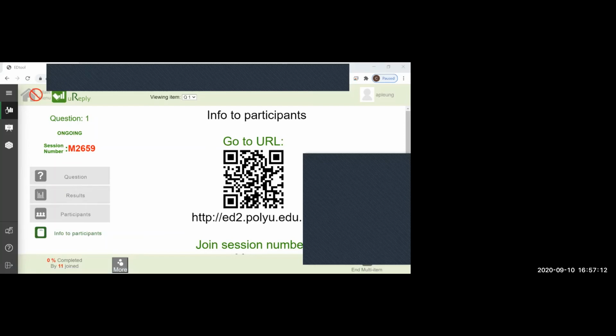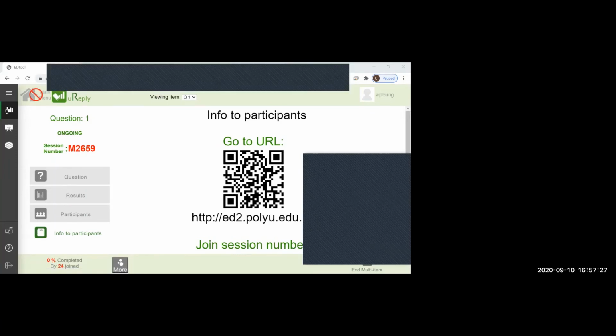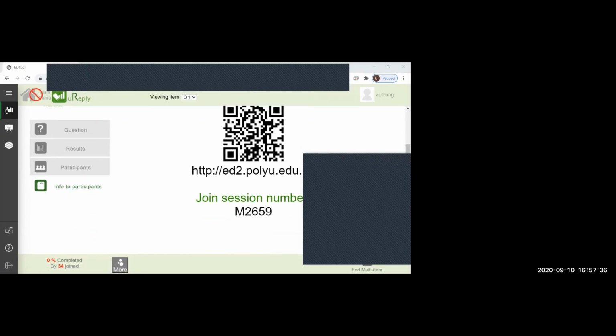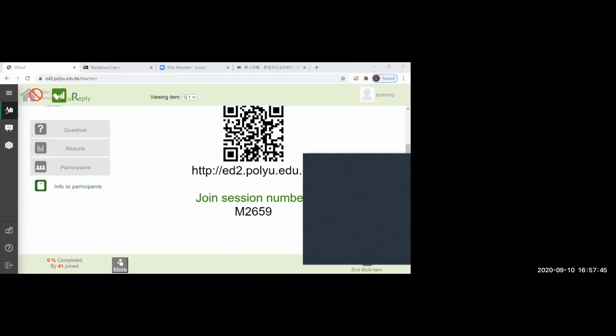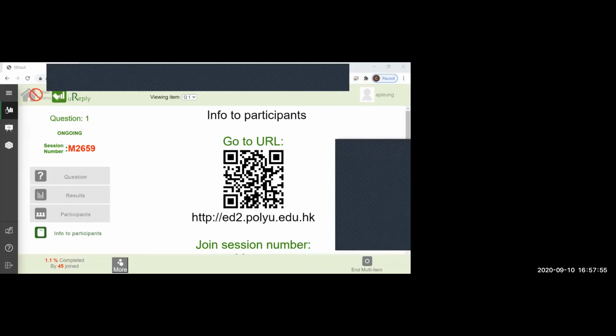Session number is on the left. If you cannot scan the QR code, you may just type in the URL.